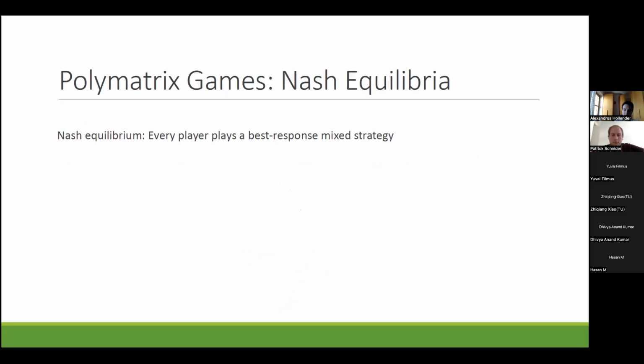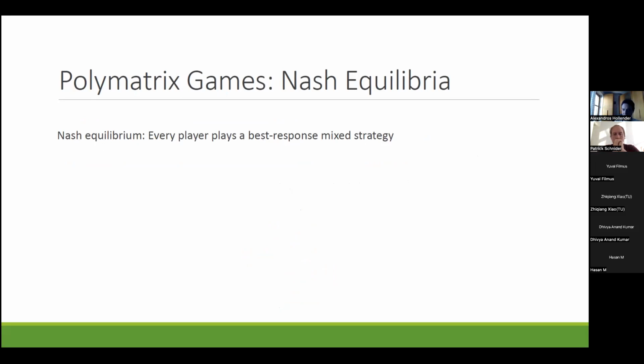So the computational problem that we're interested in here, or the solution concept that we're interested in here, is a Nash equilibrium. So in other words, we want to compute a Nash equilibrium of a polymatrix game. What is a Nash equilibrium? I'm not going to define it formally.